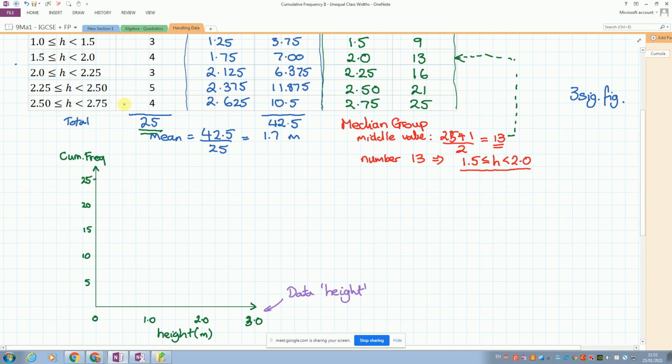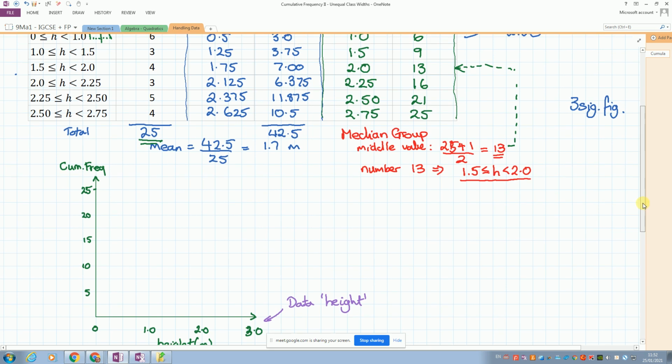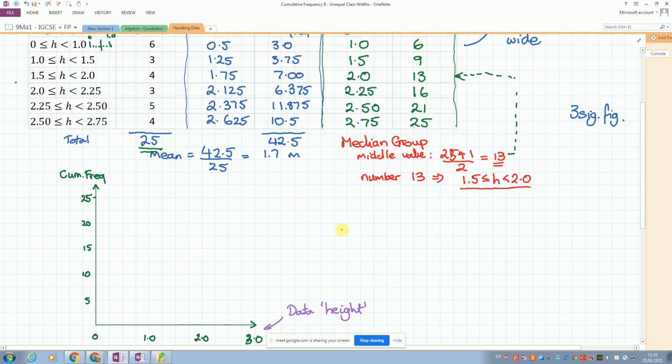And now we plot the points using the values in the 2 columns. So my first cumulative frequency is 1. At 1 meter, I've had 6 sunflowers. At 1.5, I've had 9.